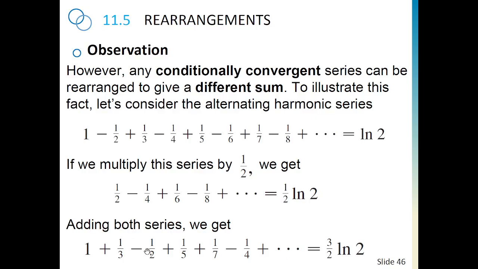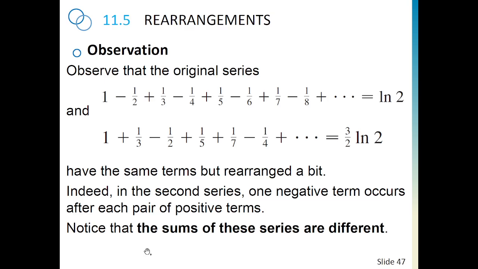Now what we observe is that these two series have the same terms, but they are not in the same order. So 1, 1, minus 1 over 2, minus 1 over 2, 1 over 3, 1 over 3, minus 1 over 4, minus 1 over 4 here, 1 over 5, 1 over 7 is here, 1 over 6 would come here.